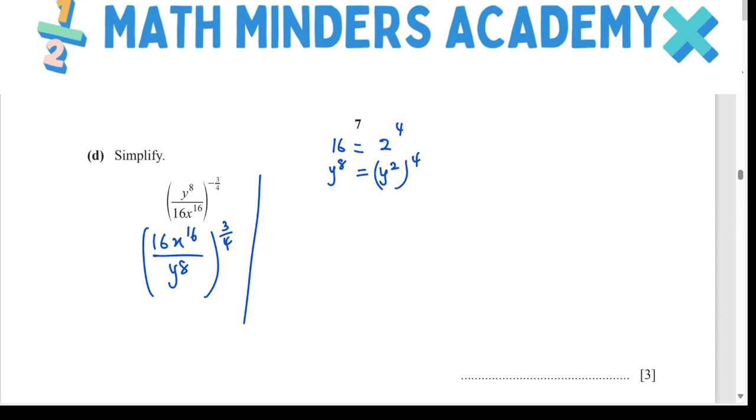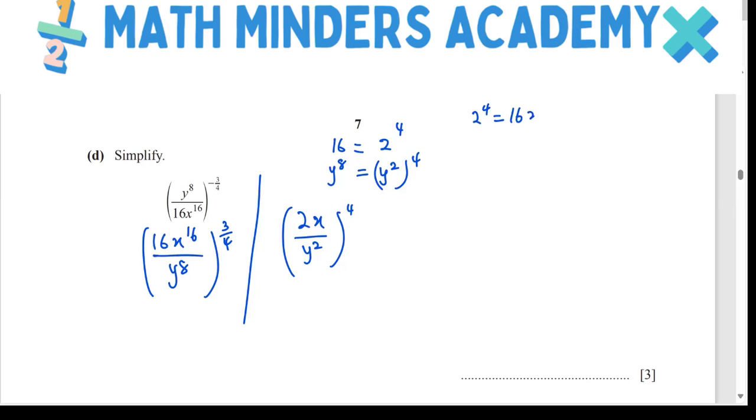So we can get this as 2 raised to power 4, if this is 2x, okay, then we are going to have all over y squared all raised to power 4. Of course, remember that 2 raised to power 4 is equal to 16, and then there is also x raised to power 4 here, okay?